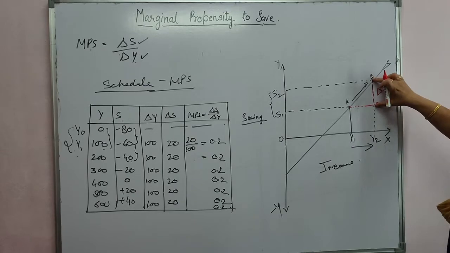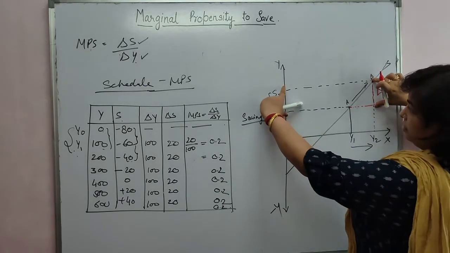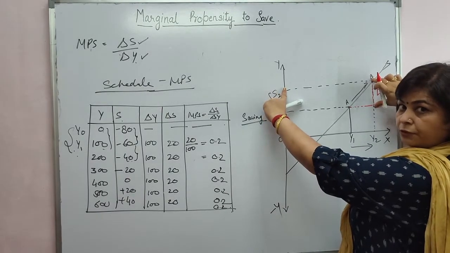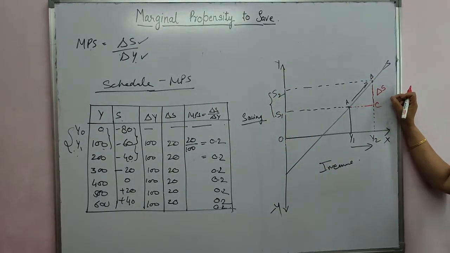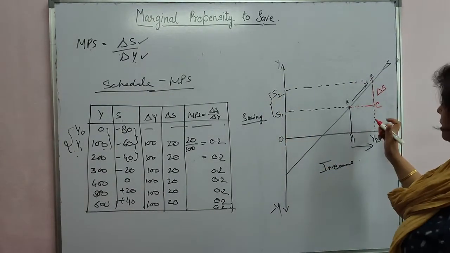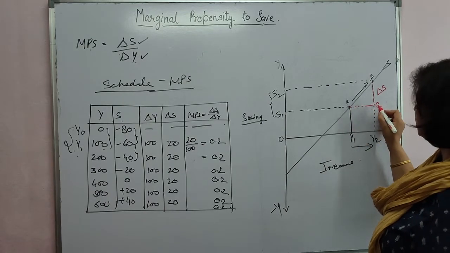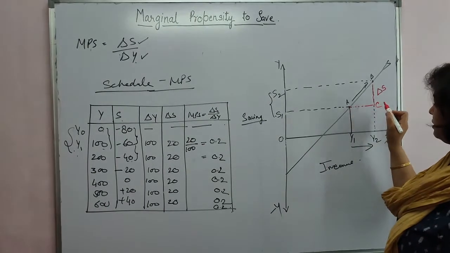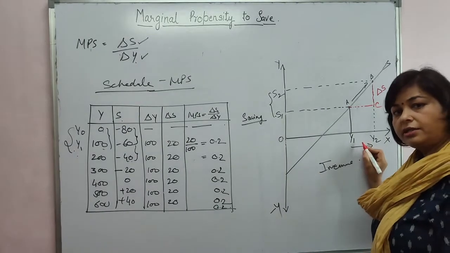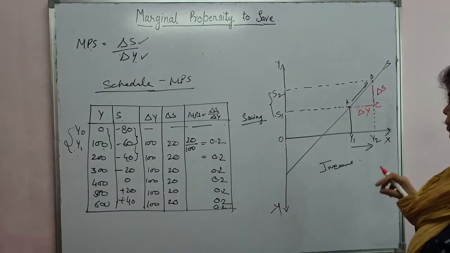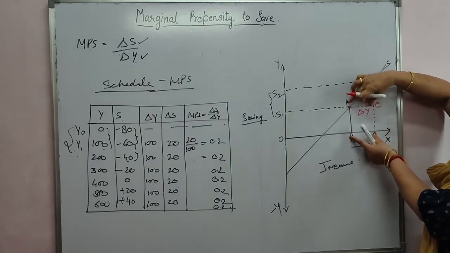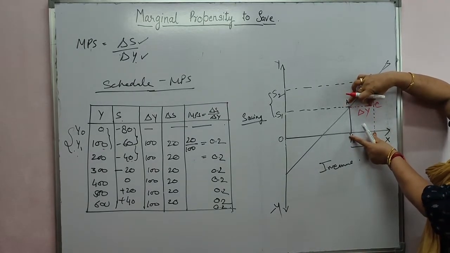The distance between B and C is equal to the distance between S1 and S2. That is why it shows change in saving. In the same way, the distance between C and A, that is AC, shows change in income. That is why it is delta Y, because AC is equal to Y1 and Y2.